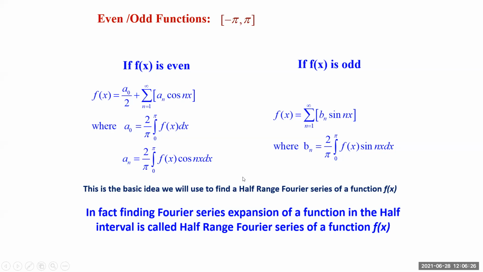Understand two points. First point, the function is defined in the interval minus pi comma pi. So we have the formula which we discussed in the last slide. Now in case the function is even, and it is already defined in the interval minus pi comma pi, we know the Fourier series will be only in terms of cosine functions, right?